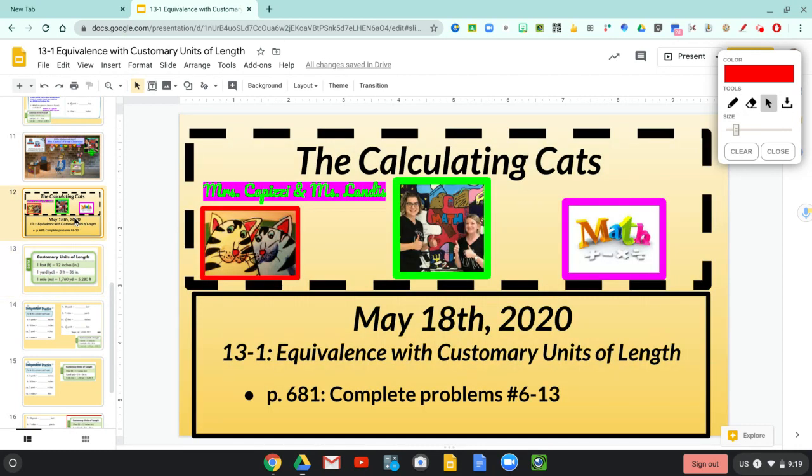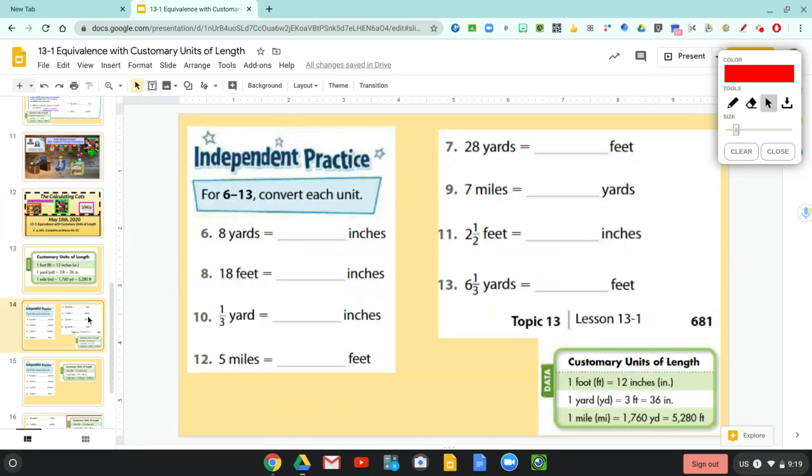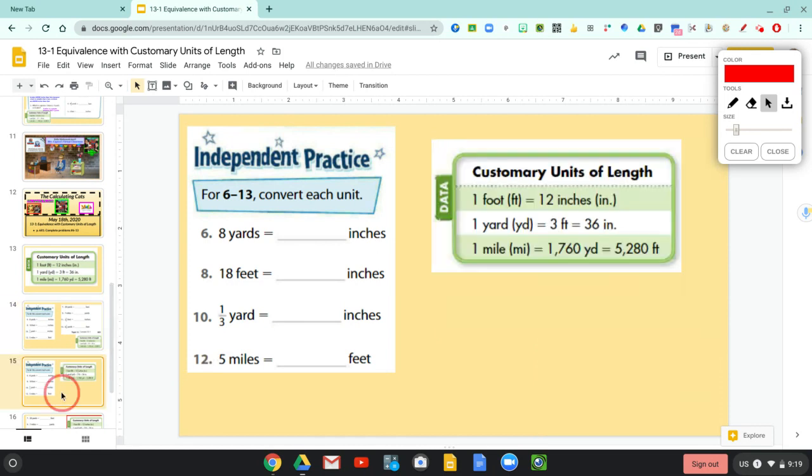So again, today's lesson, you're completing numbers 6 through 13 on page 681. I took a screenshot of the problems here, and they give you yards for number 6, and you need to go to inches. I divided this onto 2 different screens so that it would be a little bit bigger. Let's take a look at number 6.